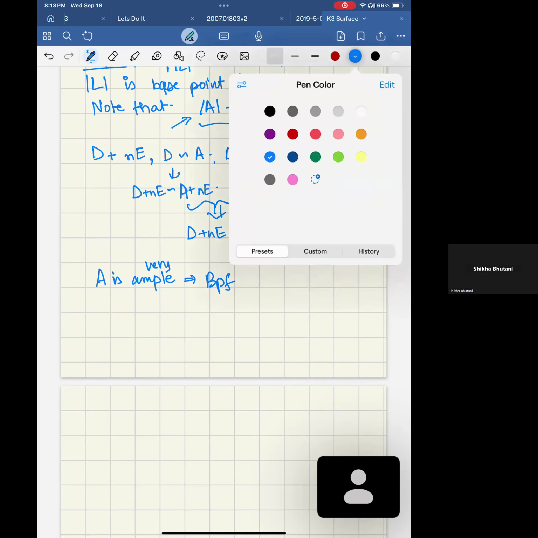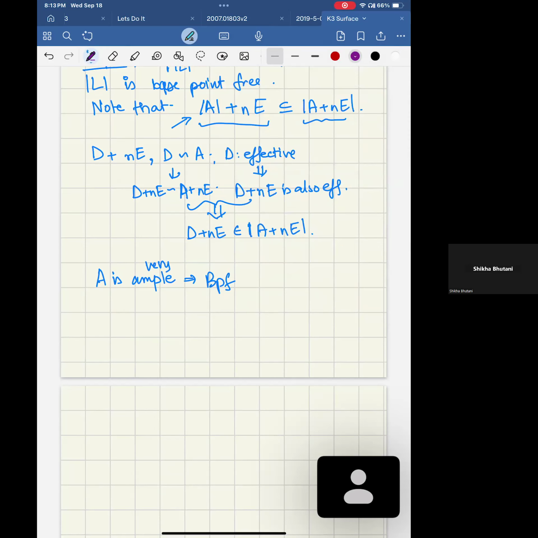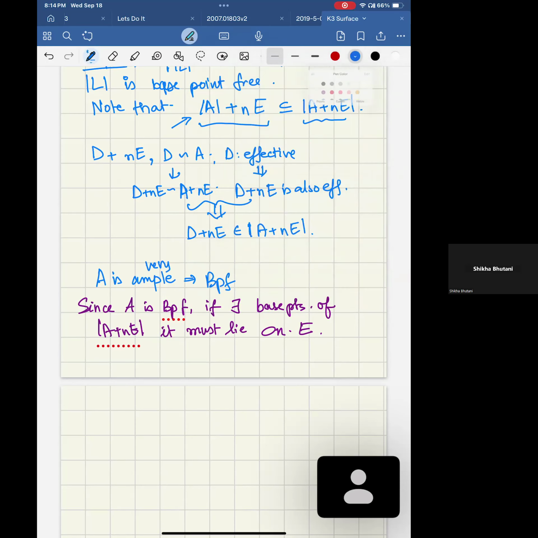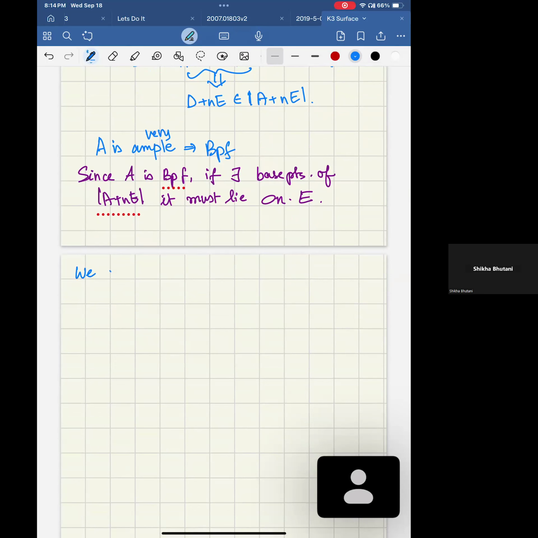Okay, so this is, let's say, one thing to think about: since A is base point free, if there exist base points of the linear system A plus NE, they must lie on E. So we can restrict our attention in finding the base points of that linear system by merely checking on the points of E.